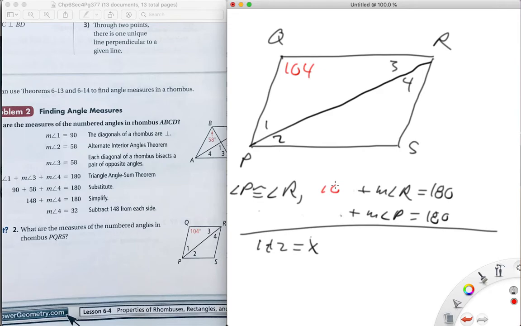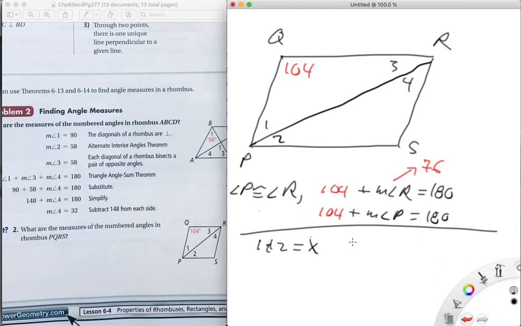So if Q is 104, I subtract 104 from both sides. That means that the measure of angle R and the measure of angle P both equal 180 minus 104, which is 76. So R and P equal 76. I'm going to say that 1 and 2 equals x.